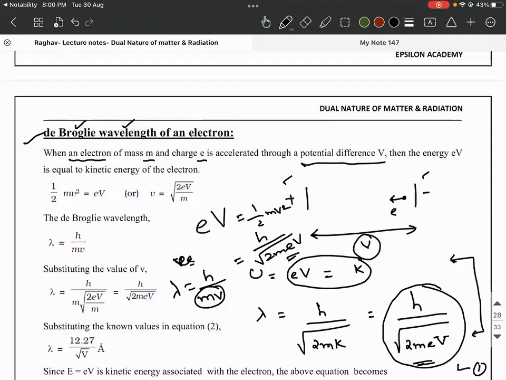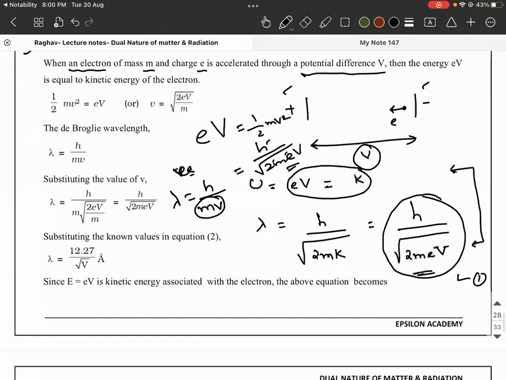Is that clear? When you substitute all the values of h, m, e and calculate, you will get the wavelength as 12.27 divided by root V angstrom. This you can use in problems. Am I clear?